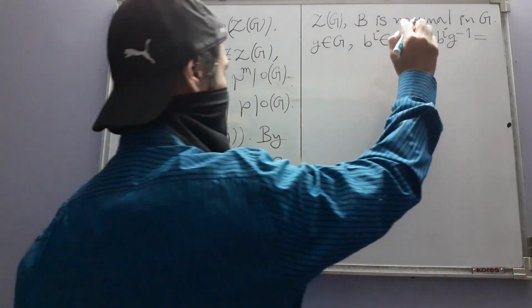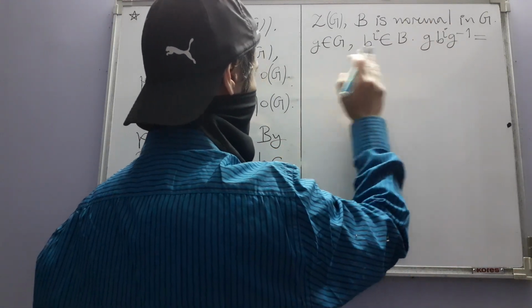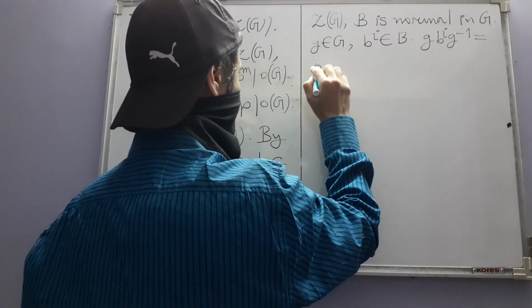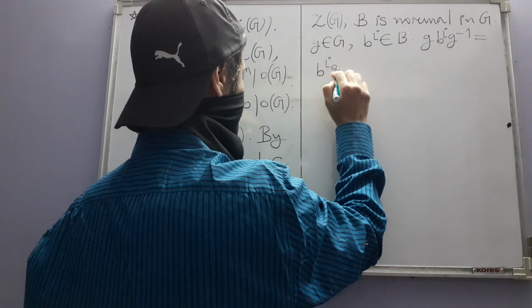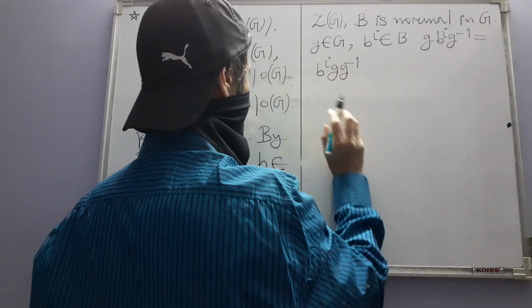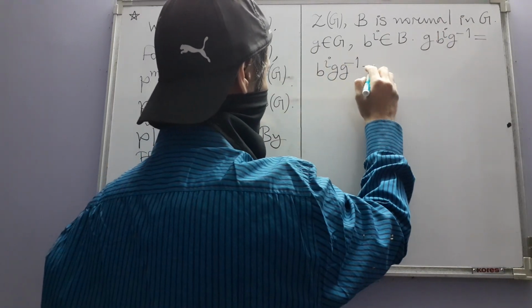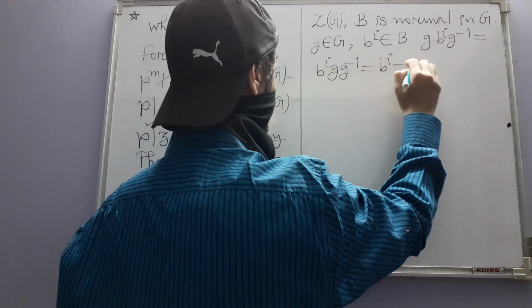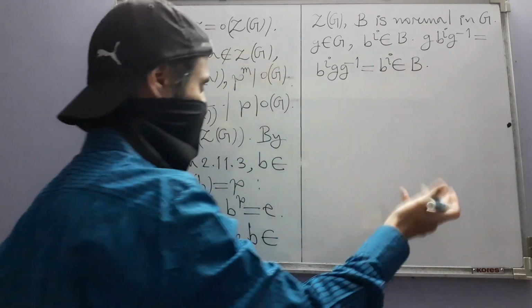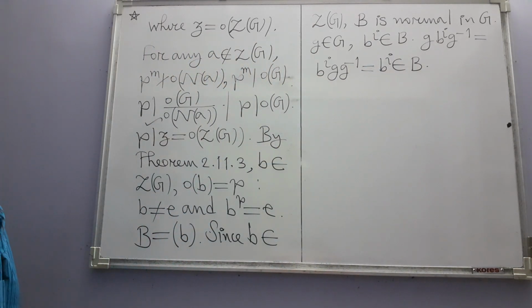But anyway, because of that commutativity property, we have g B to the power i equal to B to the power i g. That is why B is normal in G.